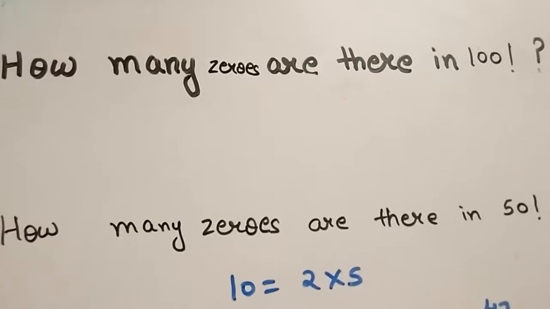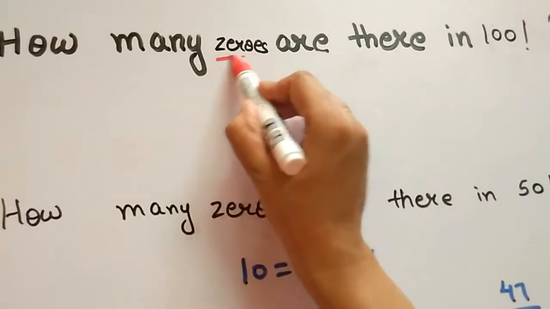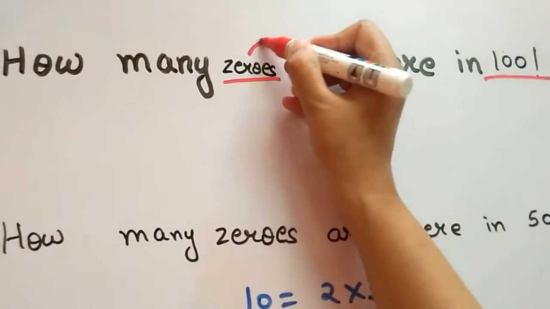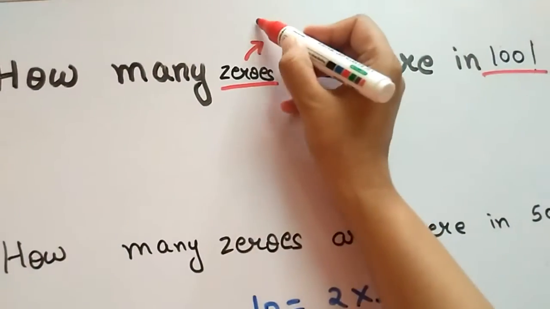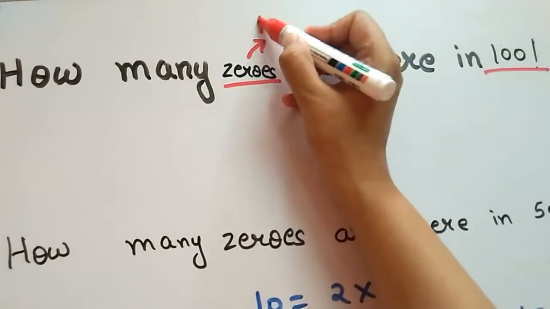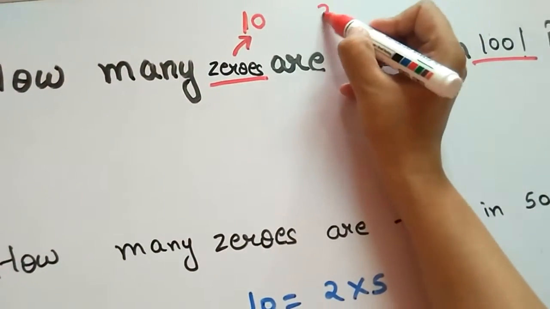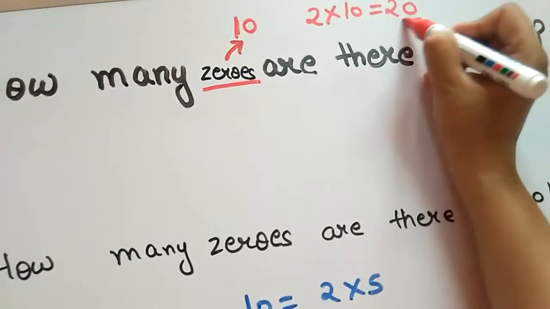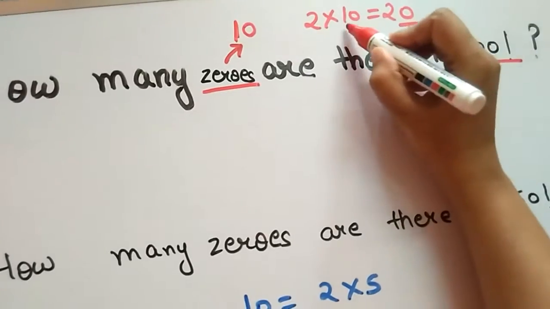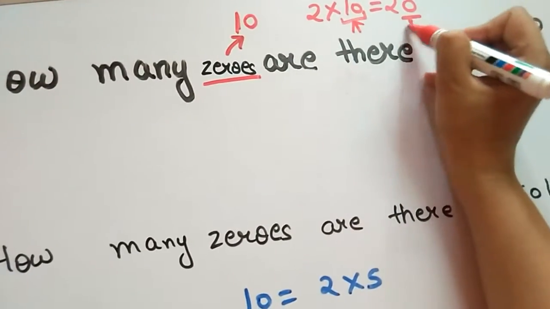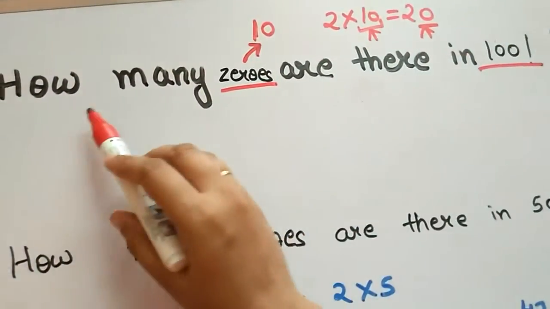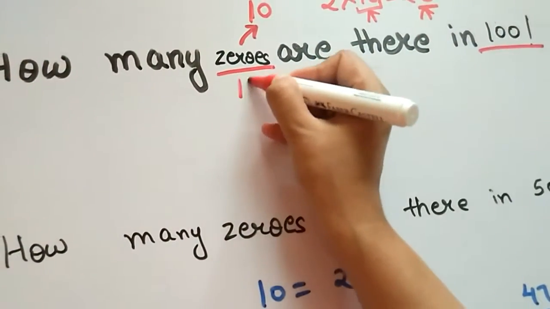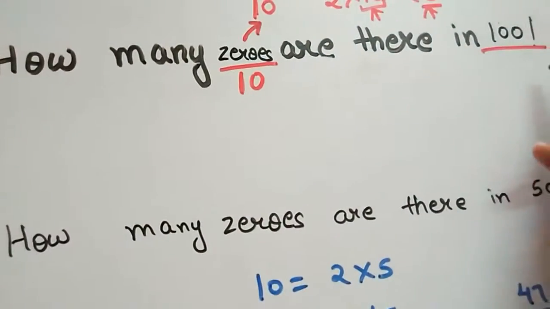If the question asks how many zeros are there in 100 factorial, how will you get 0 in any number? By multiplying it with 10, right? For example, if we multiply 2 with 10, we get 20. So how many 0 will we get? 1 0. 1 0 implies 1 10, right? So when you are asked how many zeros are there, in short you have to find out how many 10 are there in any factorial.